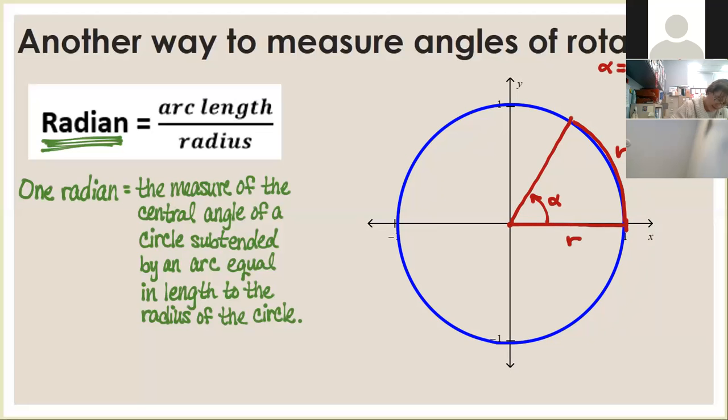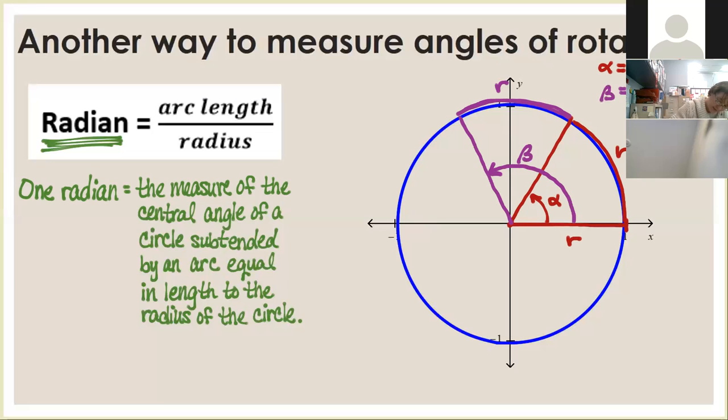If I measure that same distance again, let me pick a different color here. Let's do purple. Measure that same distance here, so this is also r along the outside of the circle. So now I've gone 1 radius measurement, 2 radius measurements. I'm going to call that angle beta.